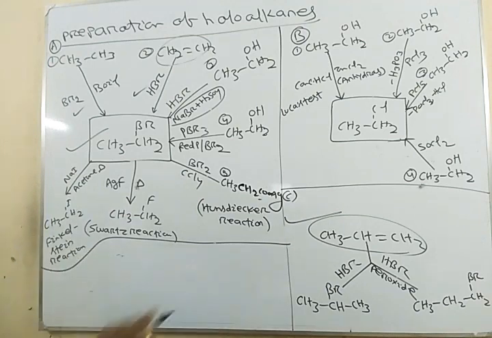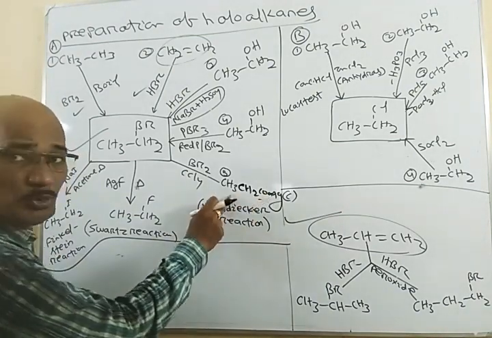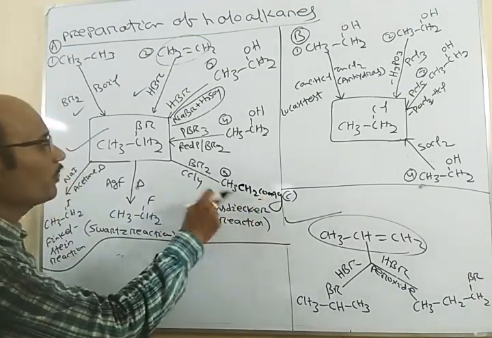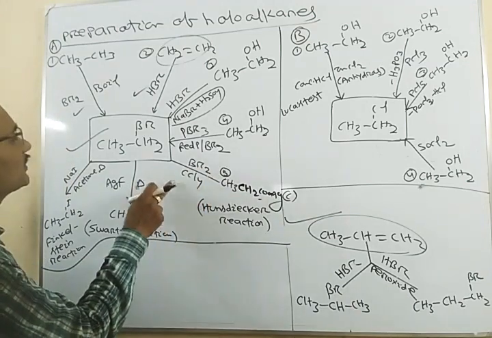So here the silver salt of a carboxylic acid, when reacted with bromine in CCl4, gives the alkyl bromide.